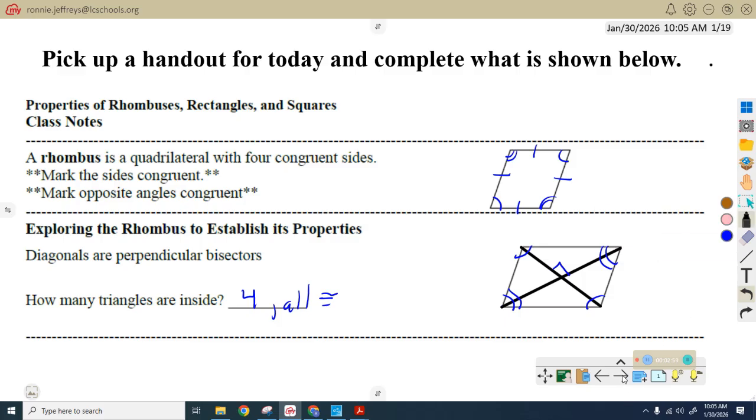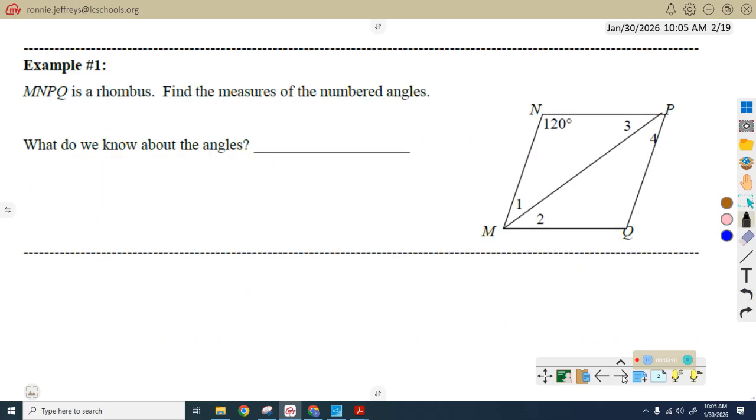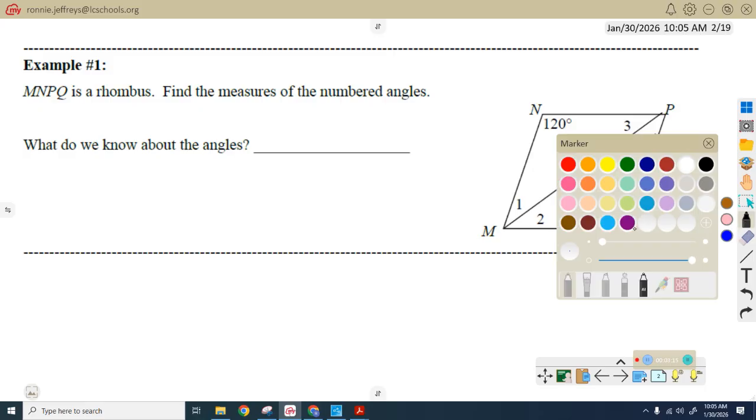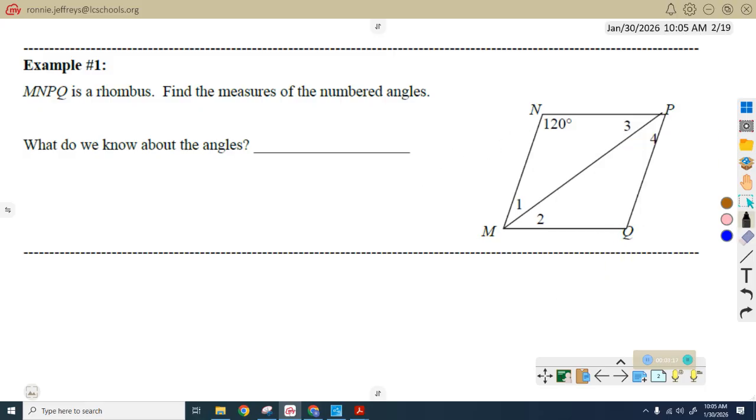Okay, so let's look at this right here. We have this rhombus. We're supposed to find the measure of all the numbered angles. Now, what do we know about these angles right here based off what we just had? Okay, so we got a diagonal.